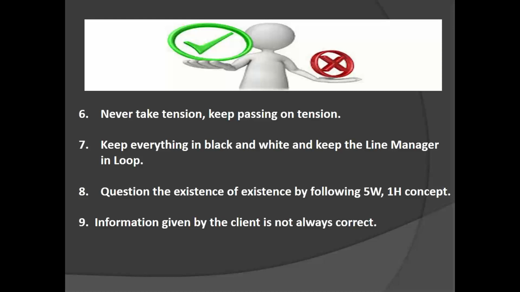You should not take any kind of tension. You completed your responsibility. Now it is the responsibility of the developer. So if he is not developing, that guy will take tension. You should never take tension. Okay. Then the seventh one is keep everything in black and white and keep the line manager in loop.